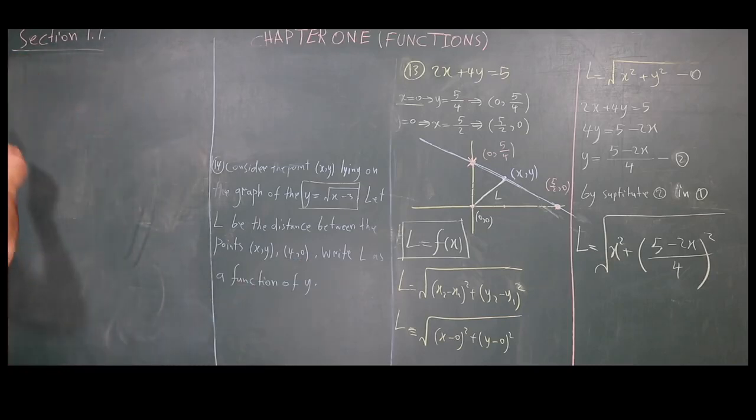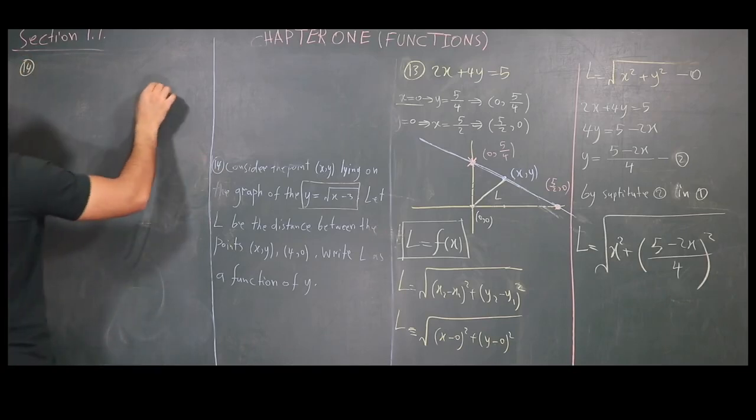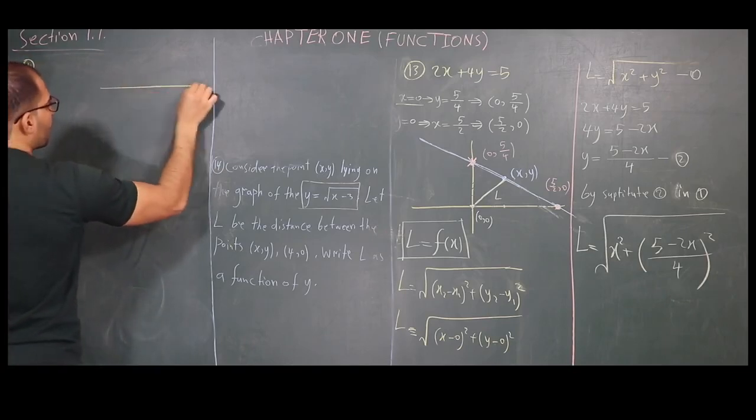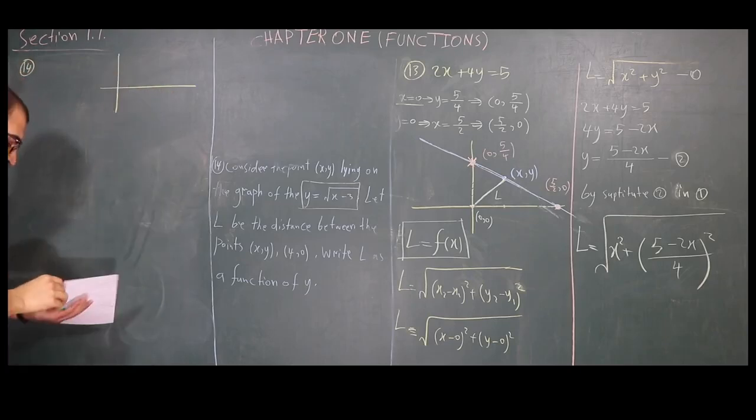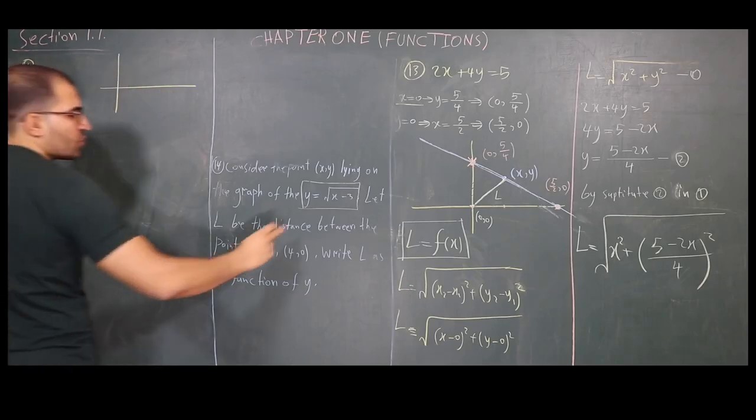I think it's not very difficult to solve this question because we've already solved a similar one. I love to plot things to make them clear, and we have this function y equal to the square root of x minus 3.